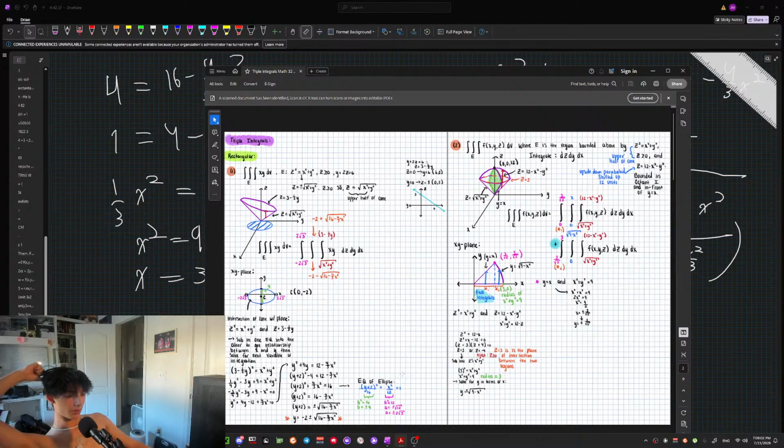Given that it's in the form y plus h in parentheses squared over some b squared plus x minus k in parentheses squared over a squared.